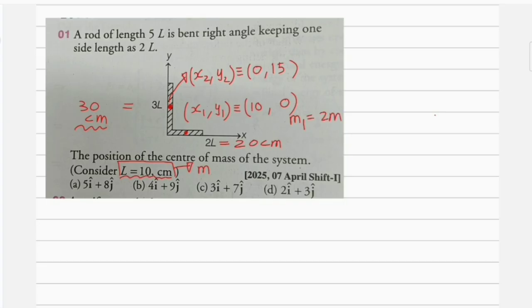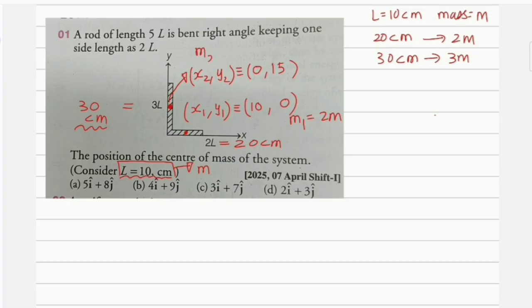Here I have to assume that the linear density is constant for the rod, mass per unit length remains the same. So for length L, which is 10 centimeter, I am considering mass m. For length 20 centimeter it should be doubled, 2m, and in the same way for this 30 centimeter length it should be tripled, that is 3m. So m1 is 2m.